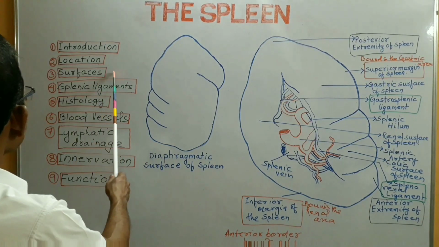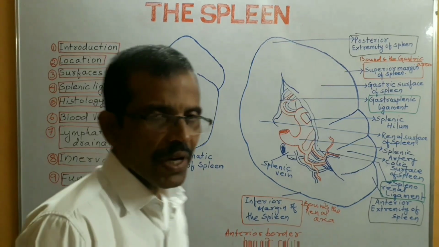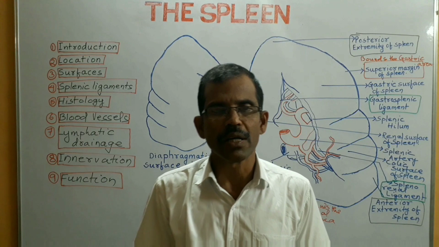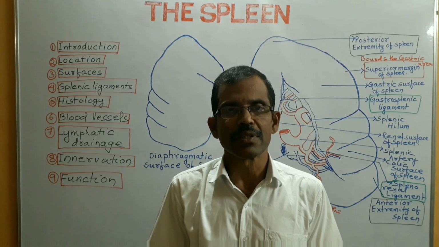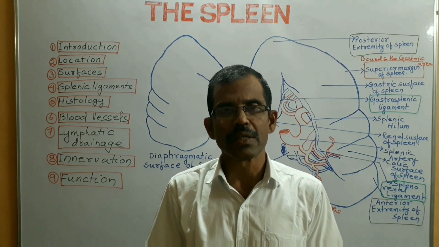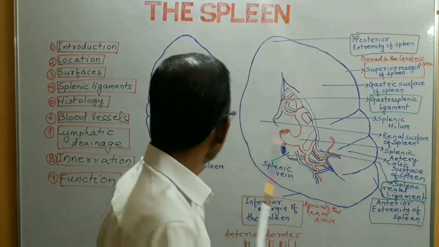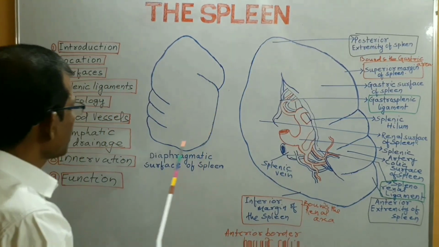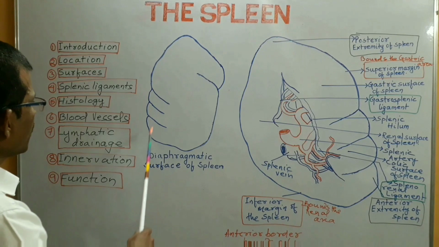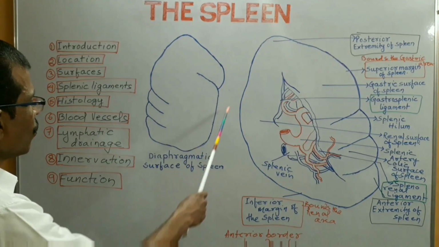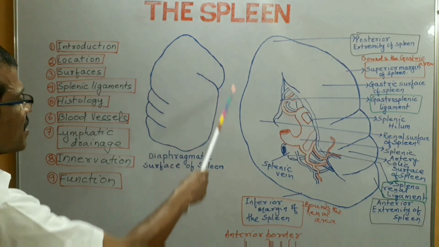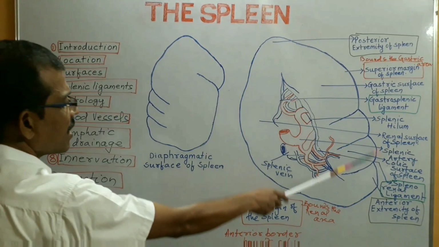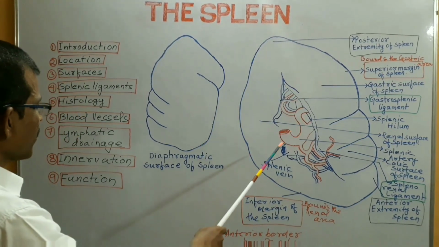Next is surfaces. There are various surfaces. One is the diaphragmatic surface. This is the diagram of a spleen, which looks like a fist, and the spleen has various surfaces.